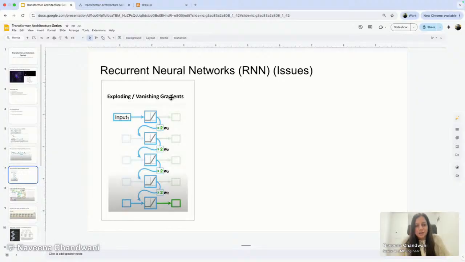And that rate of change of your error with your parameter adjustment is actually referred to as gradients. And so, imagine me as a human, I'm learning something new. I would want to learn at a stable pace. If I learn very quickly, it's too volatile. If I learn very, very slowly, then I will not be able to catch up.